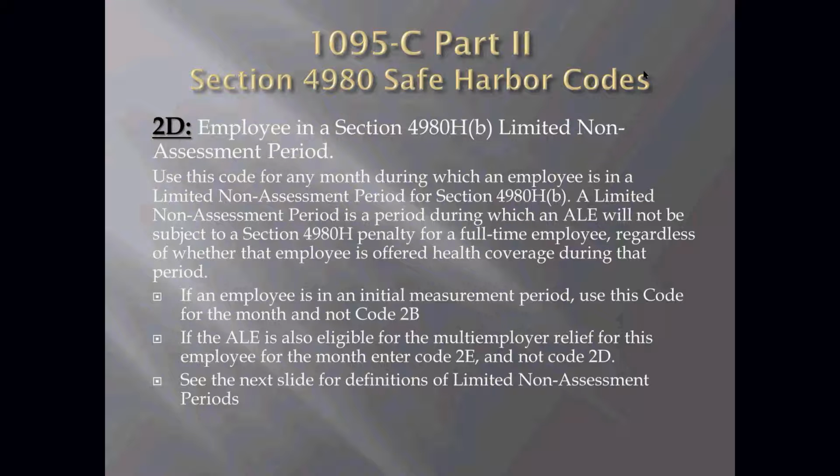So if you have union employees that you have to pay into coverage for, where your employee is a union employee and their coverage is paid for by yourselves plus 4, 5, 6, 7, 8, 9, 10 other employers that all put money into a pool for them, then you're going to use 2E. I don't believe that applies to most of our groups, but if it does, we want to make sure that you know that it's there. And I'm going to move to the limited non-assessment period definitions, and these come straight from the IRS.